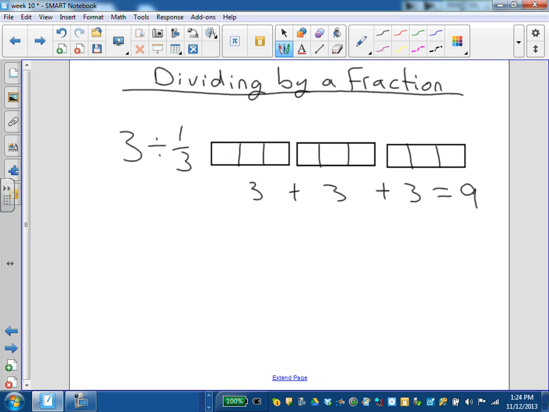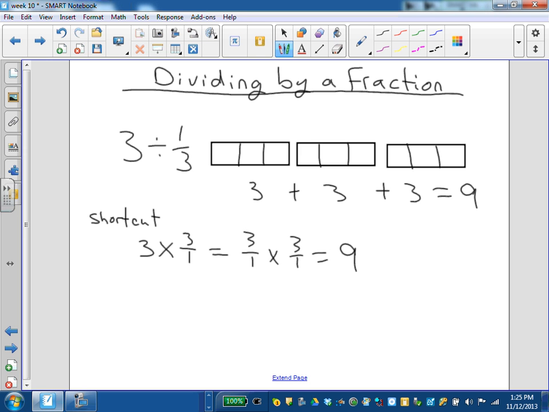So I want you to write that down in your notes. And then underneath it, we're going to put the shortcut. Okay? So I want you to write down shortcut. And I want you to put 3 times 3/1, which is equal to 3 over 1 times 3 over 1, which equals 9. Okay.